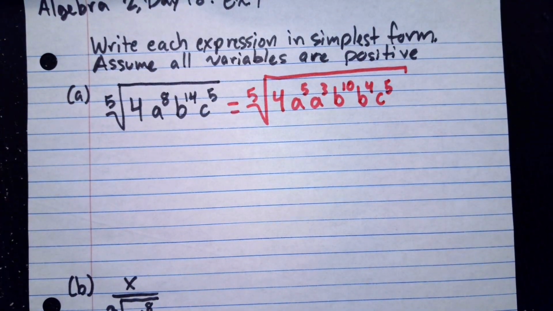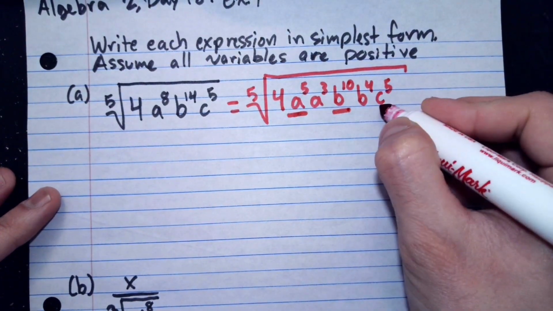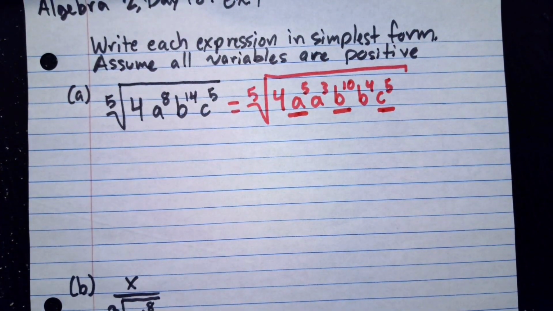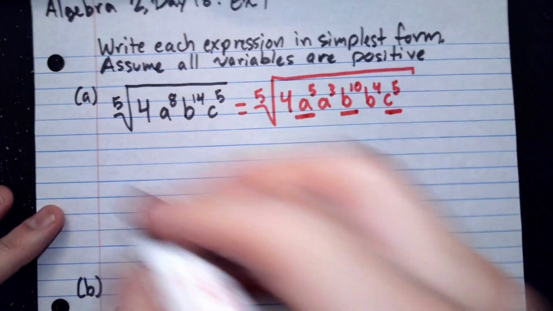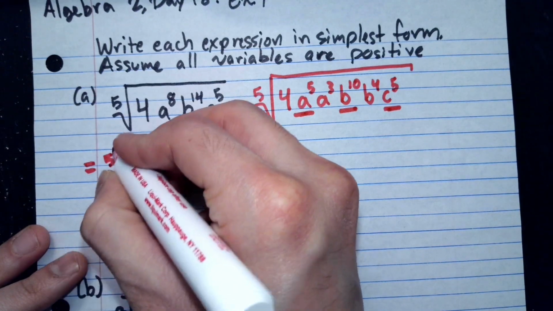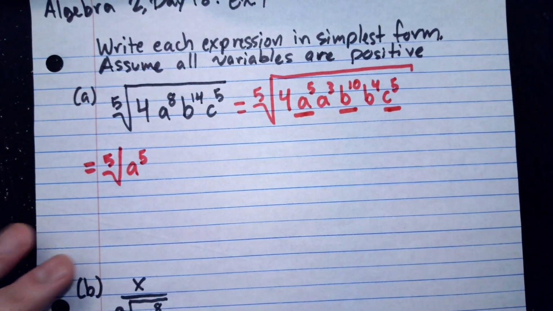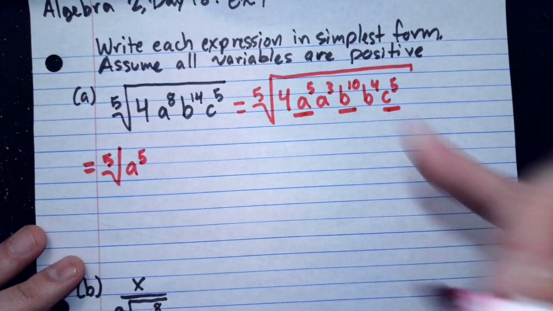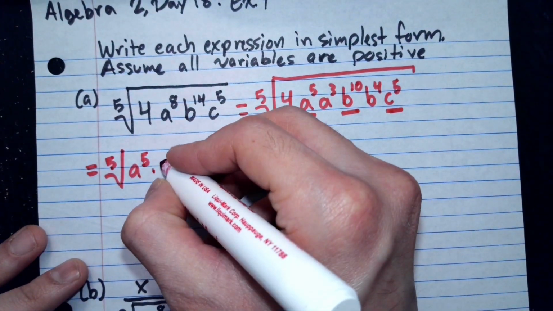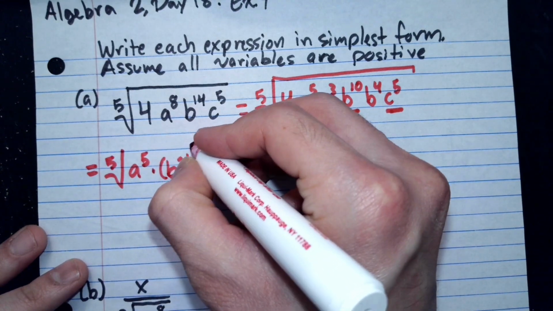Alright, so this right here allows me to take this, and this, because all of those have a perfect fifth root. So what do I mean by that? This is going to be the fifth root of a to the 5th. And then times b to the 10th, we have to remember that that is the same thing as b squared to the 5th.